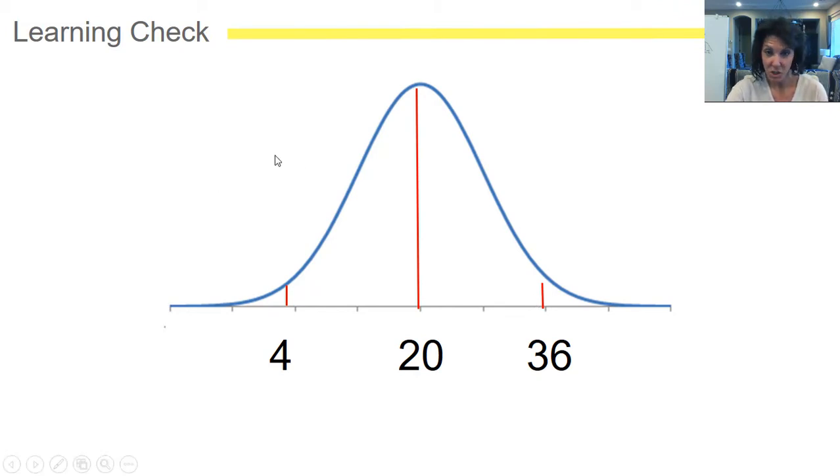Well, the standard deviation is 8. So if I add one standard deviation to 20, it's 28. If I add two standard deviations, it's 36. And the same, 8 plus 8 is 16, so two standard deviations below 20 is 4. So there you go. 4 and 36 are the scores that encompass 95% of the distribution.